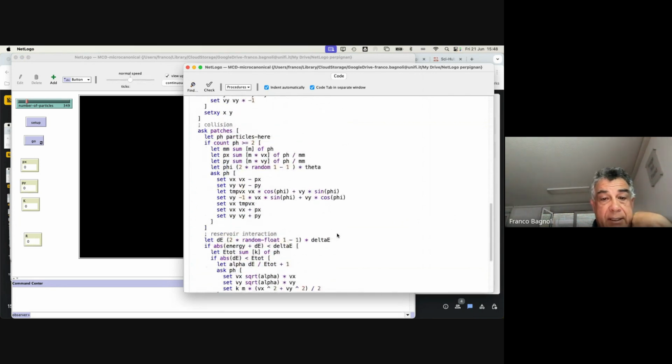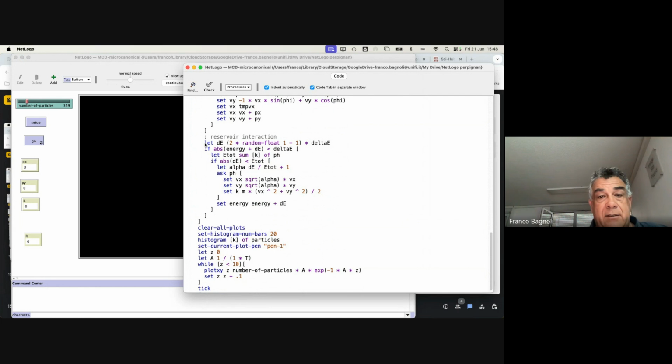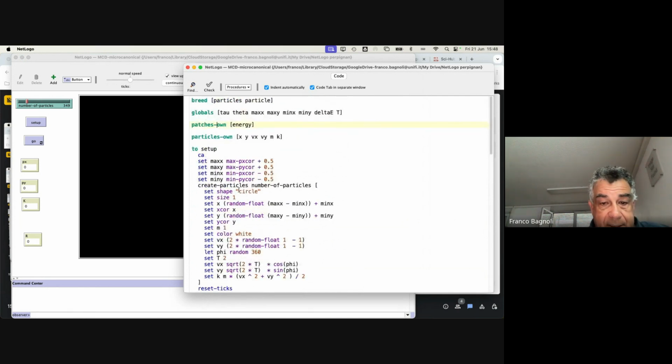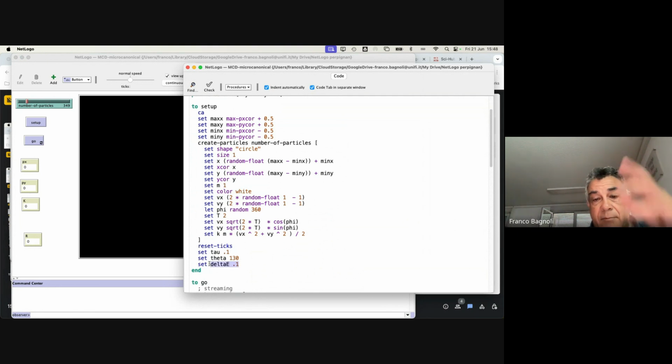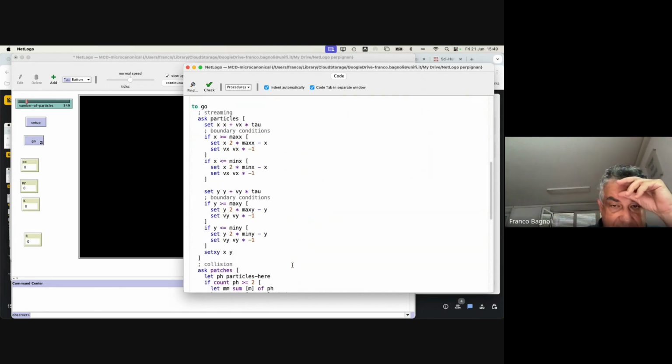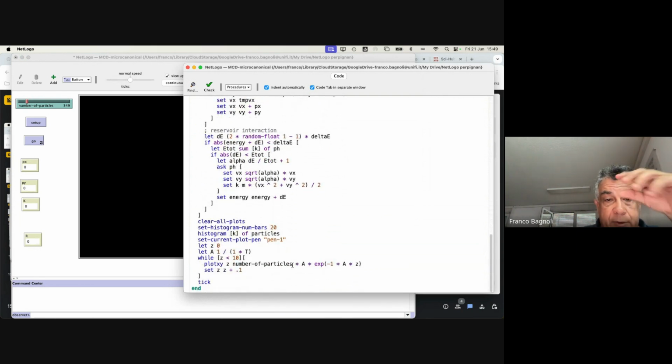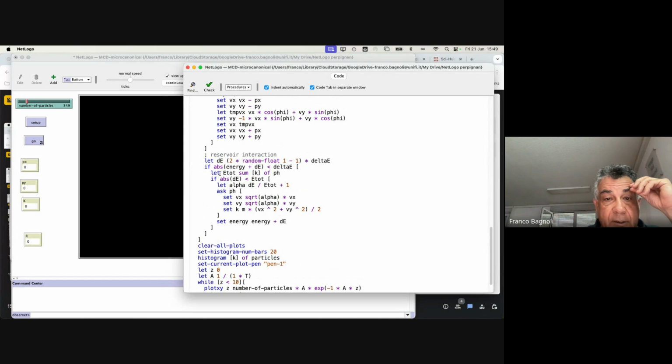And so here I say, okay, delta E is some small value. I can put 0.1, say, something like this. The local fluctuation of energy. So I propose a fluctuation of up to plus or minus delta E. The energy of the reservoir of this patch can be positive or negative.